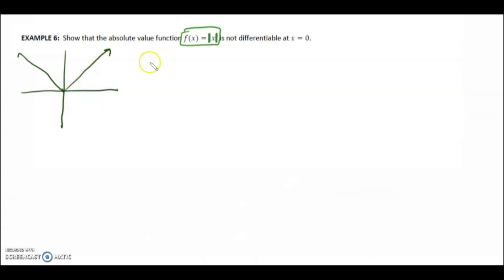So f of x equals the absolute value of x is a piecewise function where from 0 and greater than 0, f of x is going to be x, and from negative infinity to 0, so anything less than 0, we're actually dealing with negative x.